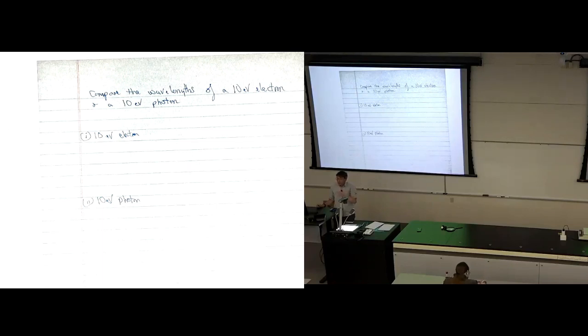So the 10 eV electron is a non-relativistic particle. 10 eV is small compared to the rest energy of an electron. I'm sure you know this number, it's about 500,000 electron volts. So the kinetic energy of the electron is much, much smaller than the rest energy of the electron, which makes it a non-relativistic electron.